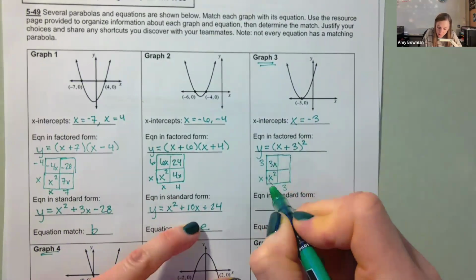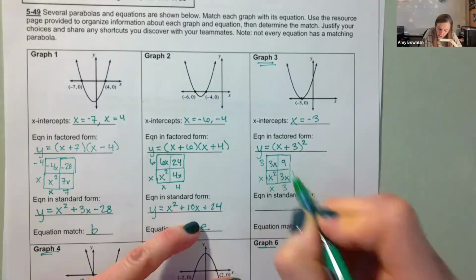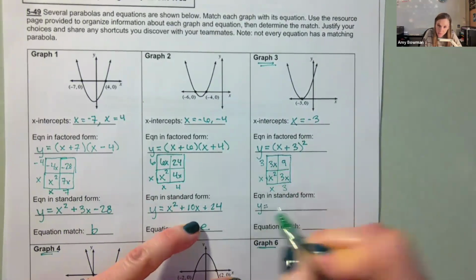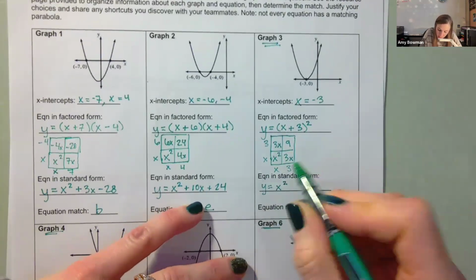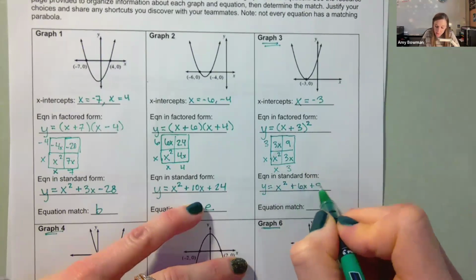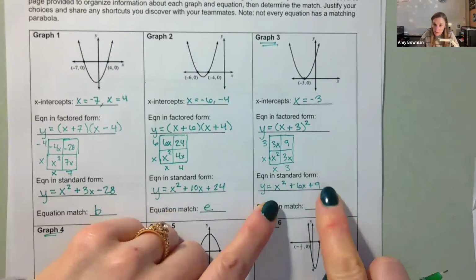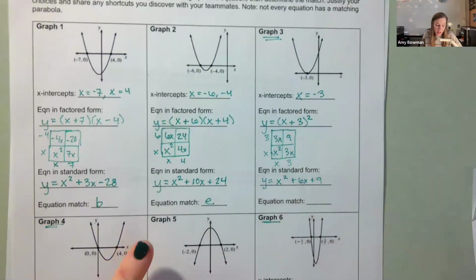So x squared plus 3x plus another 3x plus 9. So our equation in standard form here would be x squared plus 3x, so plus 6x, and then plus 9. So it's not just the x squared and the 9. You need the 6x in there as well using the area model.